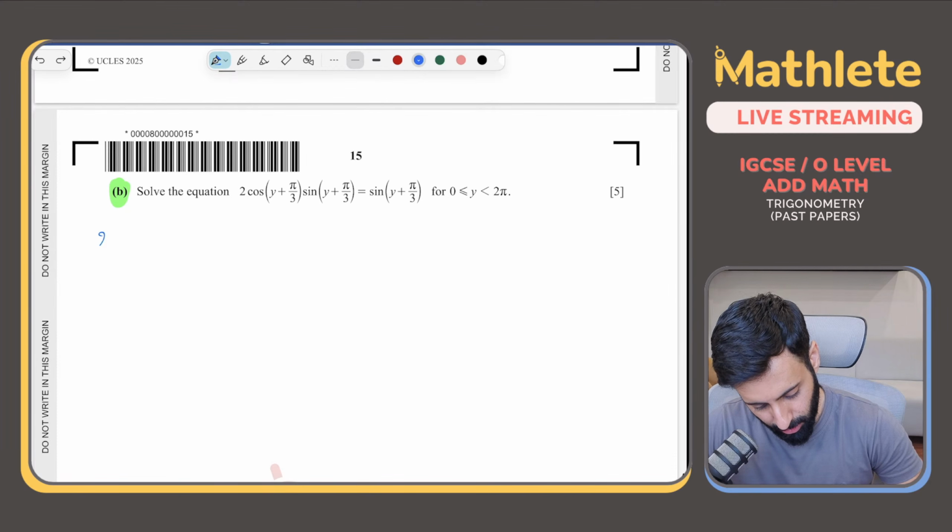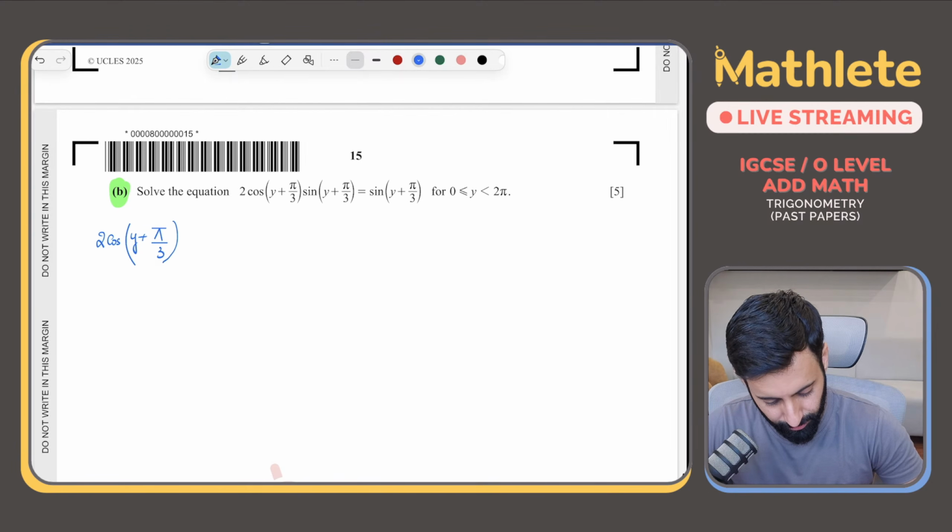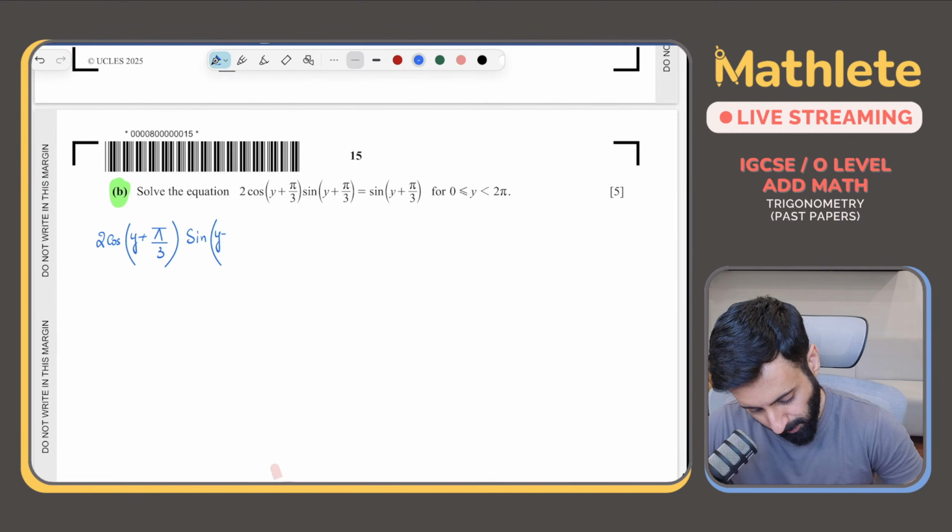We're going to shift all the terms to the left hand side. 2 cos y plus pi upon 3 sine y plus pi upon 3 minus sine y plus pi upon 3.